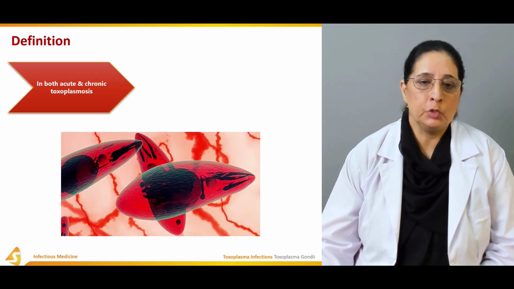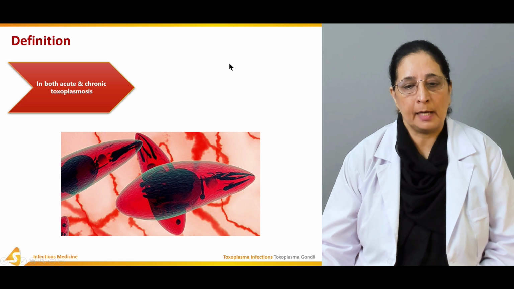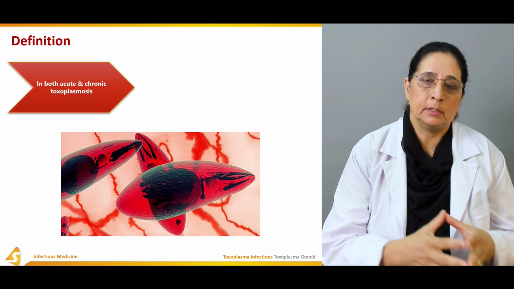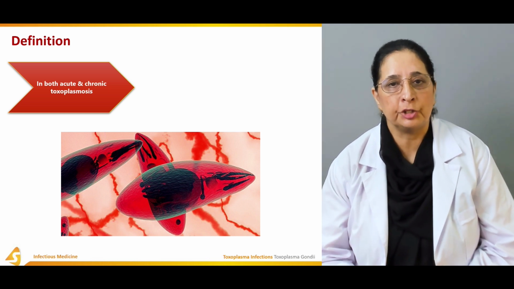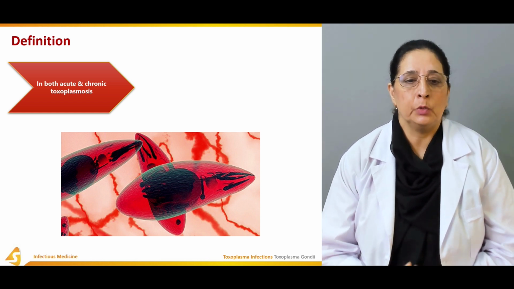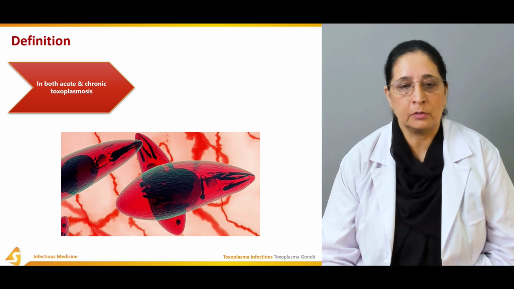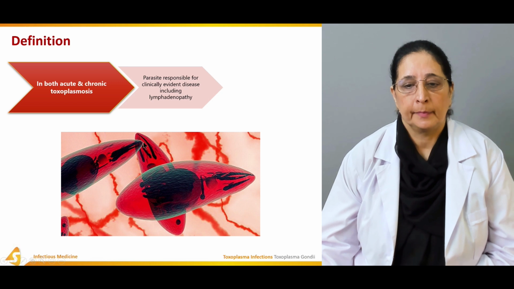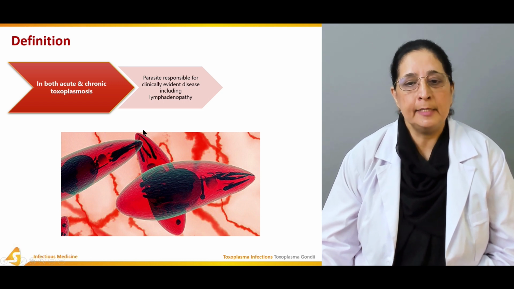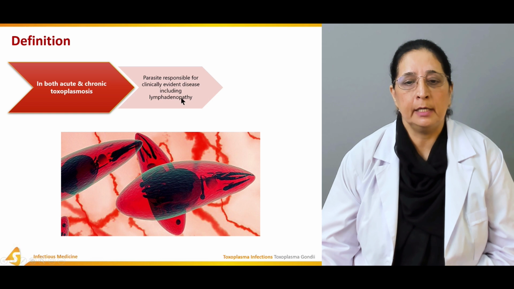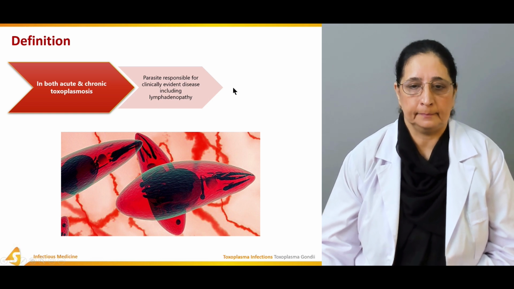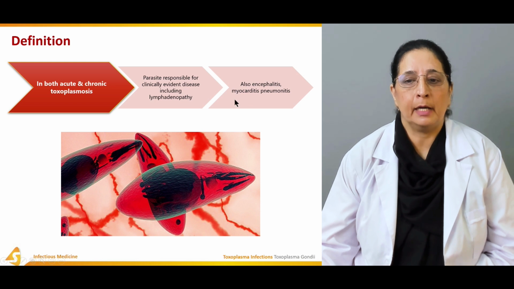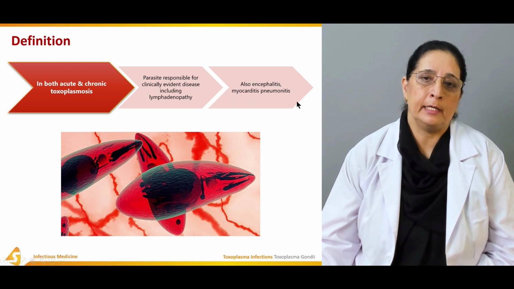In both acute and chronic toxoplasmosis, we know that acute is short-term and chronic is long duration. In both types, the parasite is responsible for clinically evident disease including lymphadenopathy, encephalitis, myocarditis, and pneumonitis.